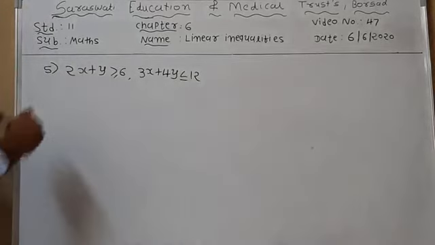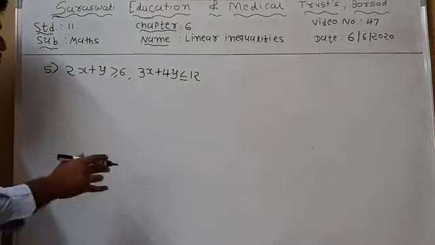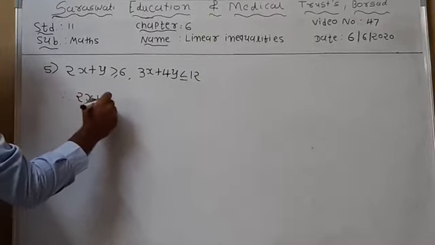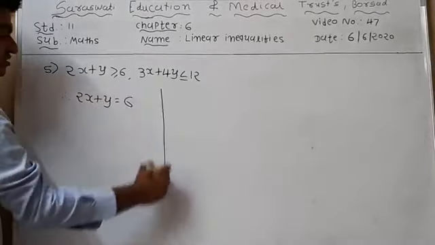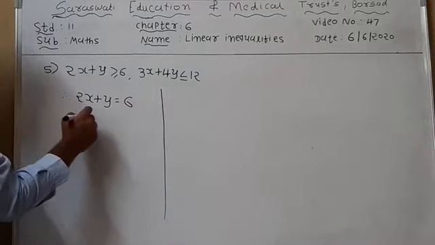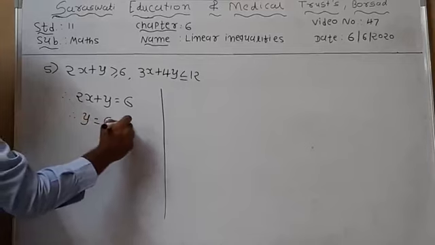So now there are two inequalities, and we solve both. First, 2x plus y is equal to 6. Writing 2x on the opposite side, y is equal to 6 minus 2x.